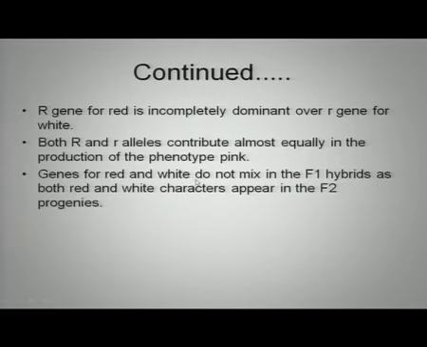Genes for red and white do not mix in the F1 hybrids, as both red and white characters appear in the F2 progenies. Both red as well as white progenies appear in the F2 generation. It shows that the genes for red and white do not mix in the F1 hybrids.